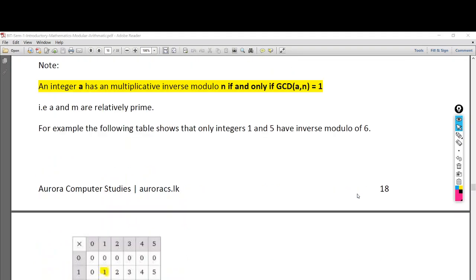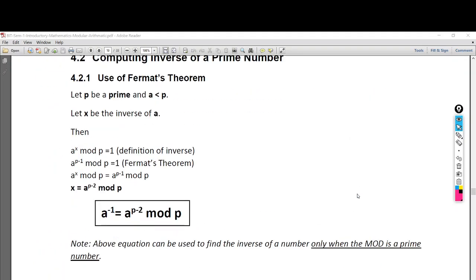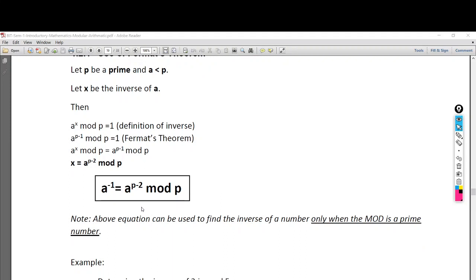That is a inverse equals a to the power p minus 2 mod p. But this can be done only when your mod base is a prime number. So that we are done. If you have any questions, you can ask.